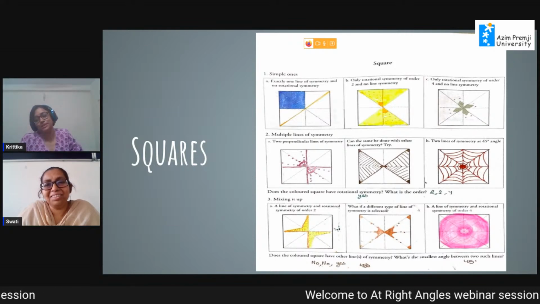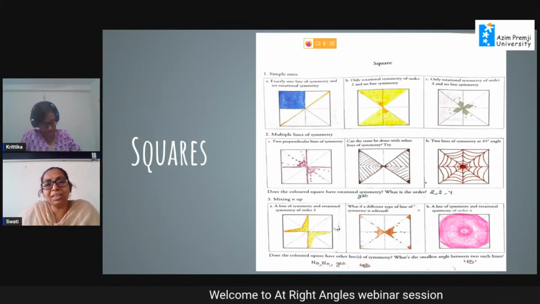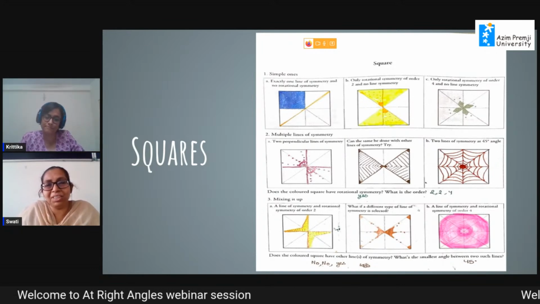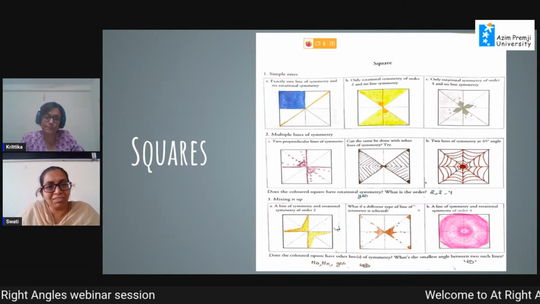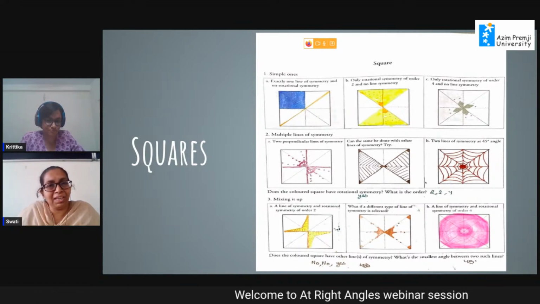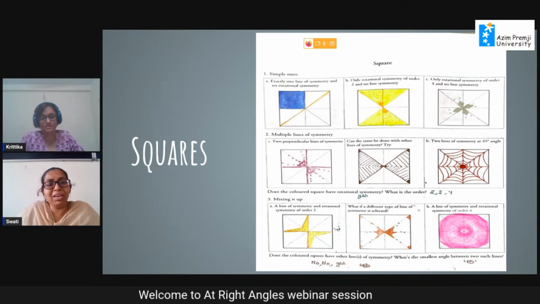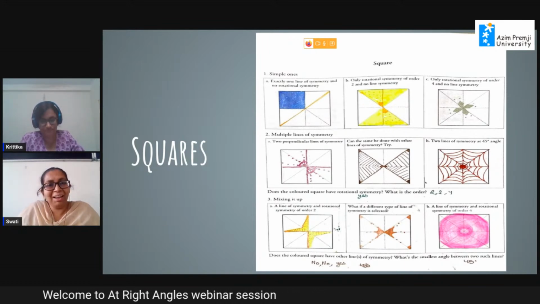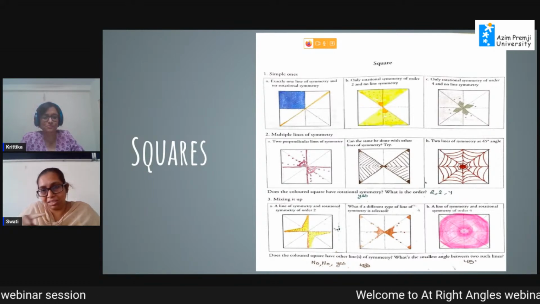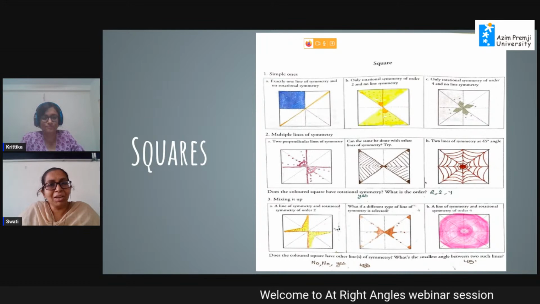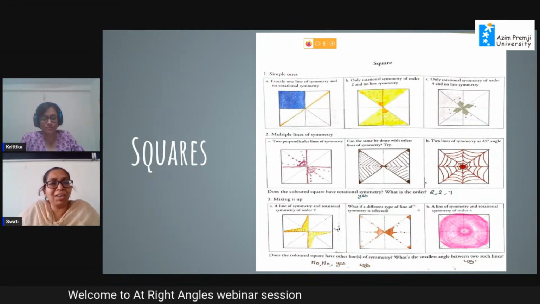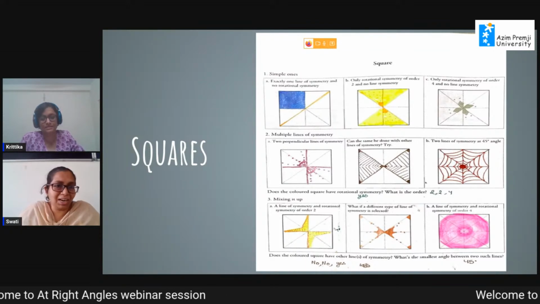So one of the things that I think, I don't know if they observed it, like when it was the equilateral triangle, we didn't talk about different types of lines of symmetry. But when it came to square, clearly in the multiple lines of symmetry, the second row and the third row, we are pushing them to think about different types of lines of symmetry because there are two kinds.